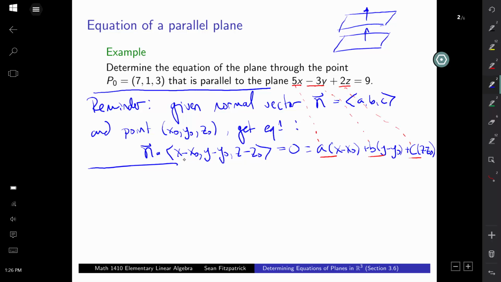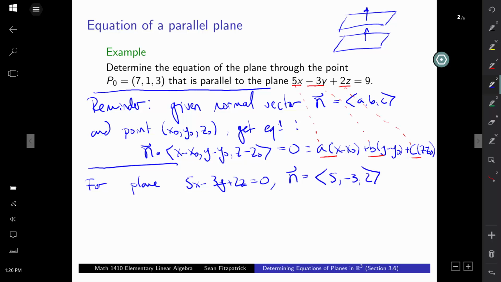And so for the plane with the equation 5x minus 3y plus 2z equals 0, we have the normal vector 5, minus 3, 2. So we can go ahead and use that normal vector to compute the equation for our new plane.